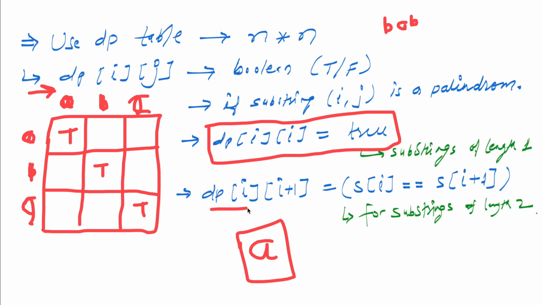Another case is I and I plus 1. If both characters are the same, then we mark it as true. So these are the two base conditions. Initially we can take all false, and for each character we mark true. Just think about how it works.